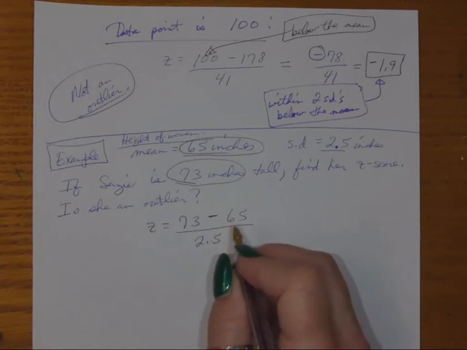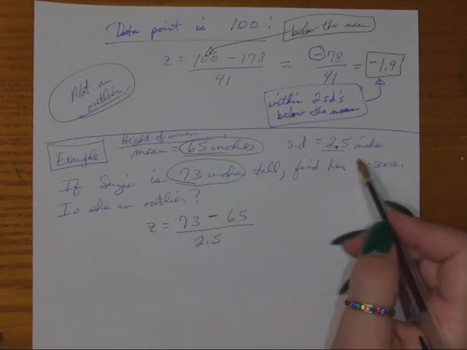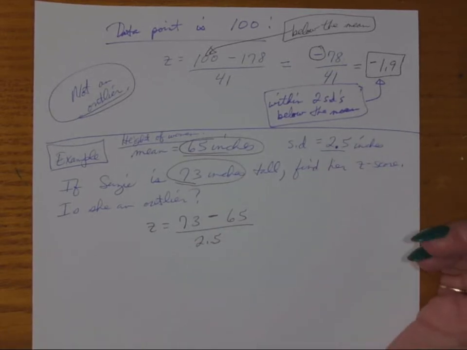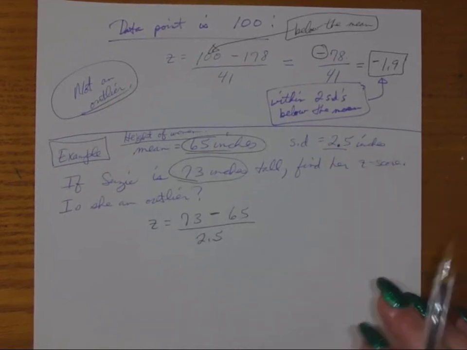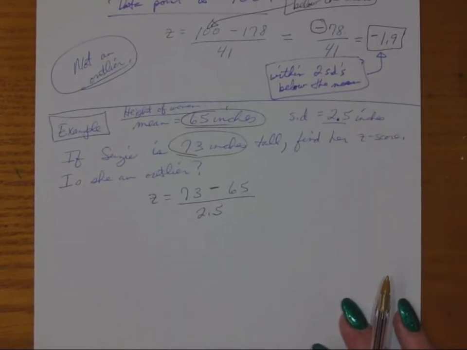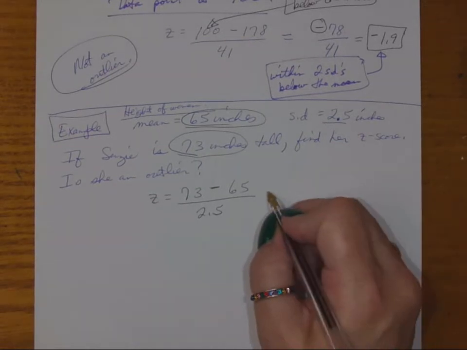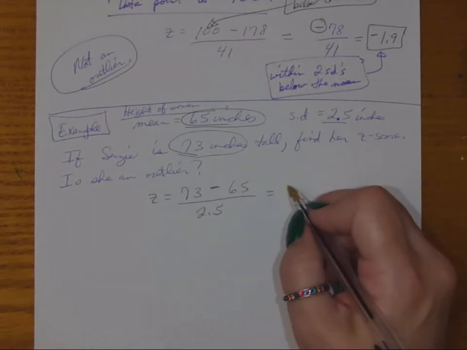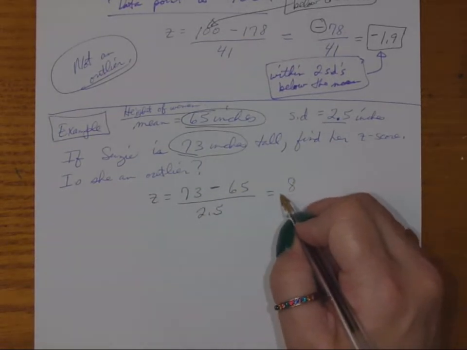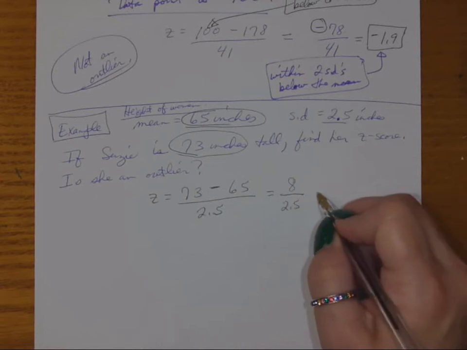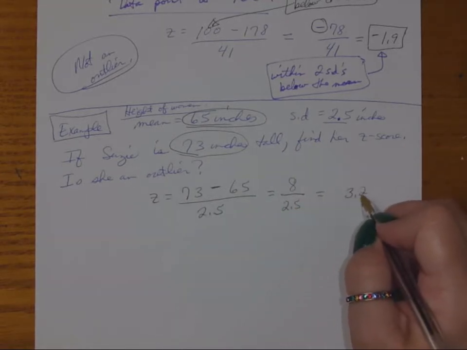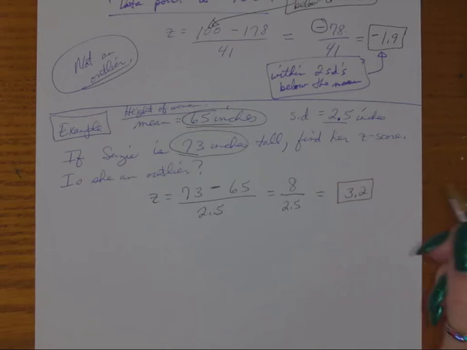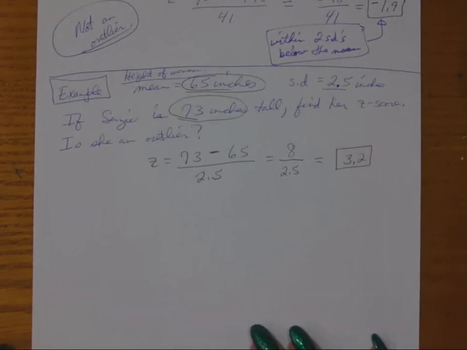So what they're saying here is that women are normally pretty close to each other's height, and so we have a very small standard deviation for that. Okay, well, let's see. 73 minus 65, that's 8 over 2.5, and whenever I divide that out, I get a 3.2. Double check me, but that's 3.2.